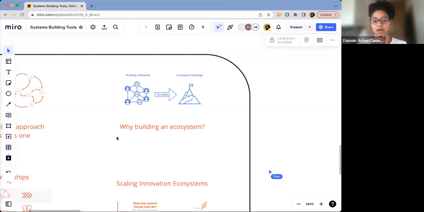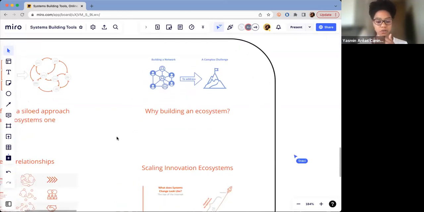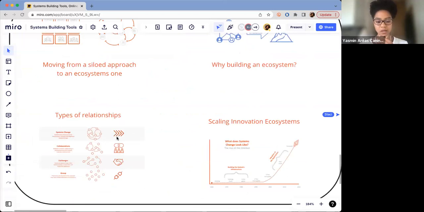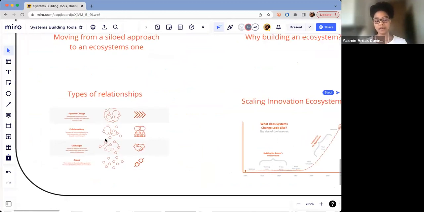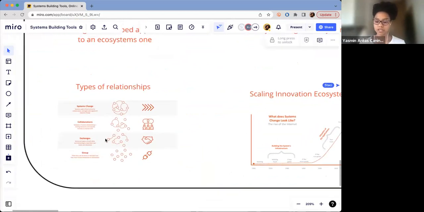And this is one of the concepts that we were talking about last time as well. Since we're talking about relationships here, we identified some types of relationships that we can see in an ecosystem, let's say, in environments. So we identified the groups as just separate elements that don't have a very strong connection.